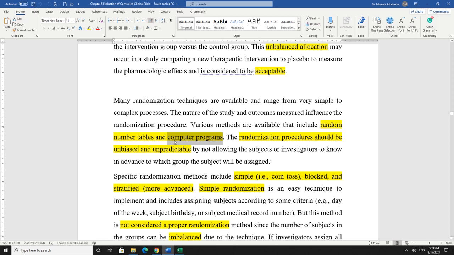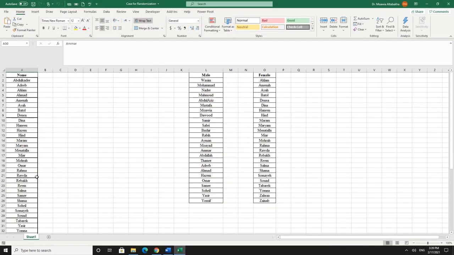You generate a number for each participant, and this number is a random number, and then you can divide them based on their ranking. I will show you how to do this in Excel because it's beneficial to you, and then I will talk about the other cases. Here I'm talking about simple randomization.